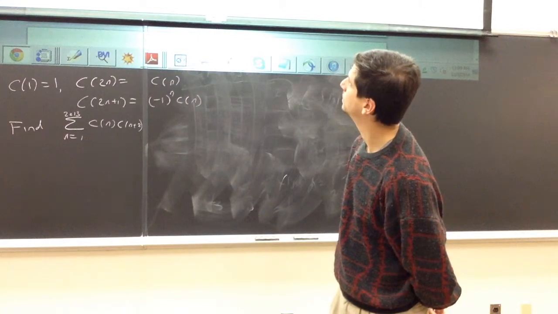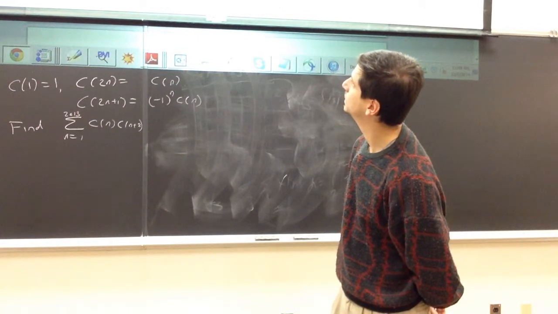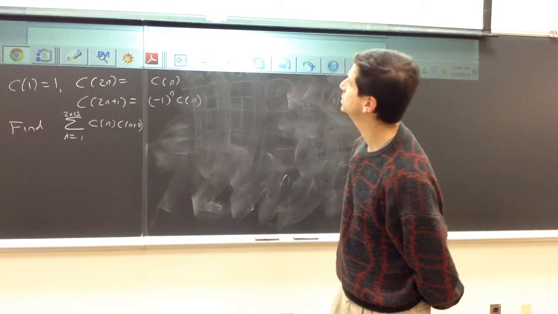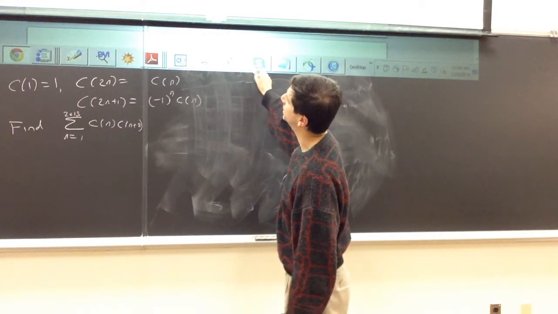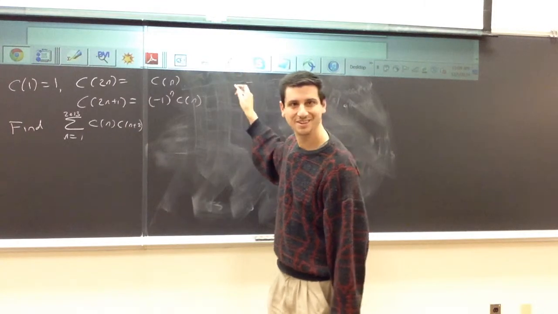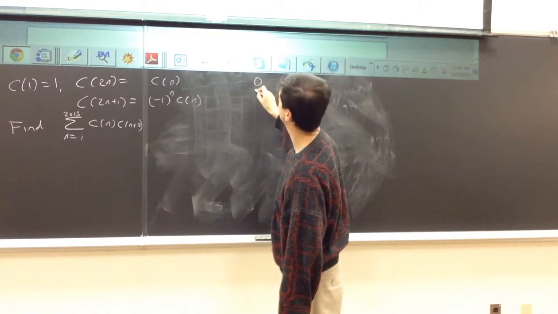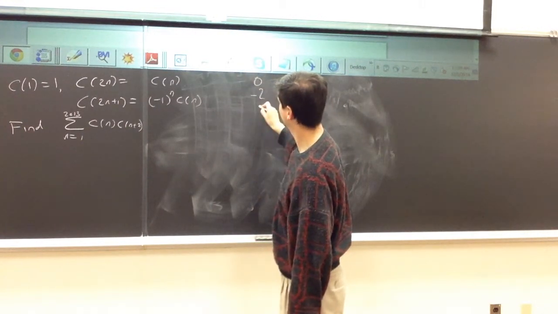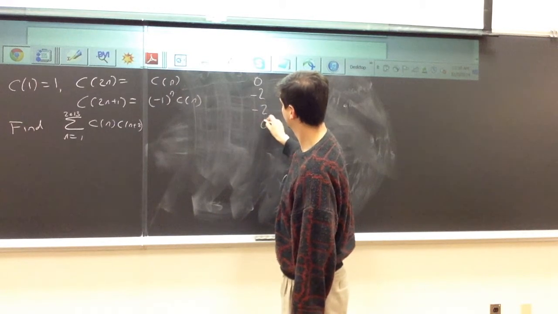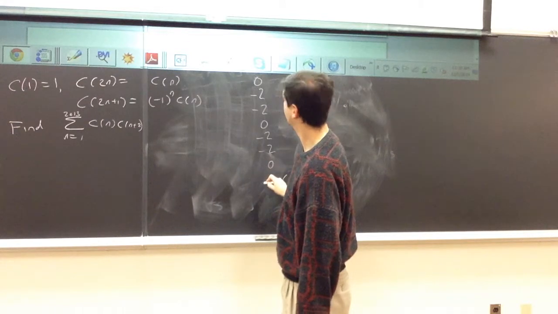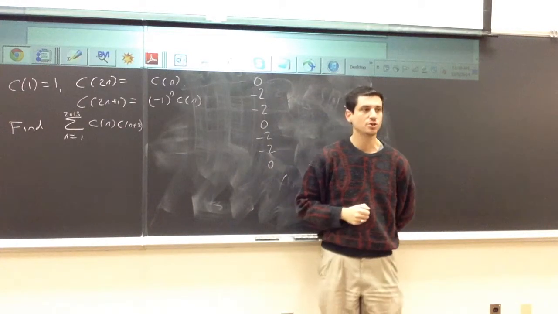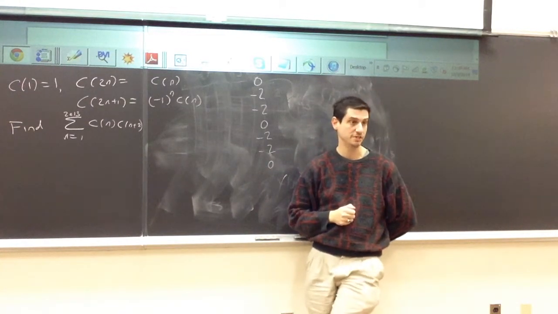It seems like the even values go negative 2, negative 2, 0, negative 2. Let's look. Can you read me off the values for the evens? I just have a very bad angle. Okay, it goes 0, negative 2, okay. So maybe there's actually a very nice formula for the evens as well.